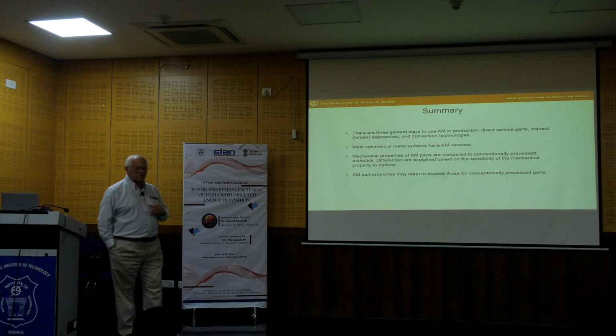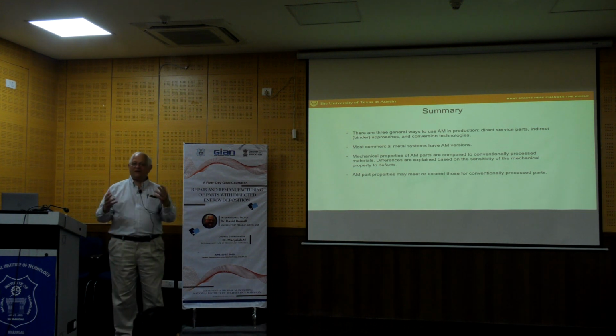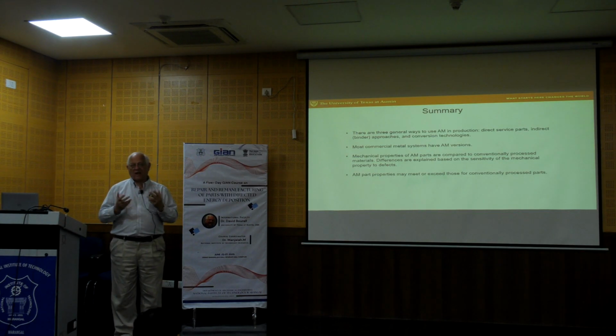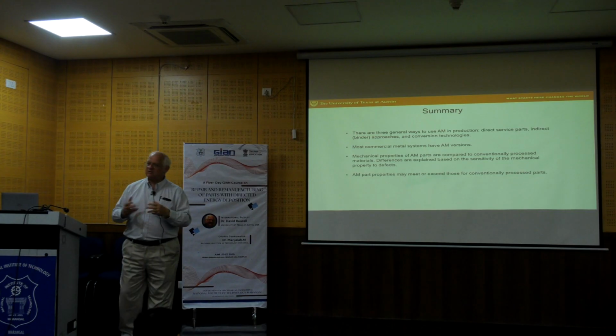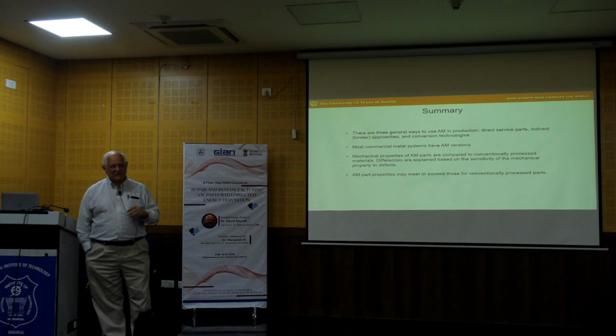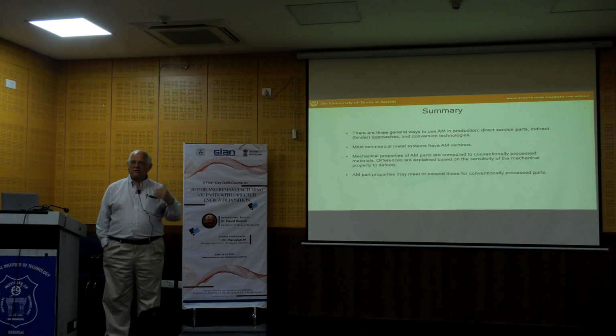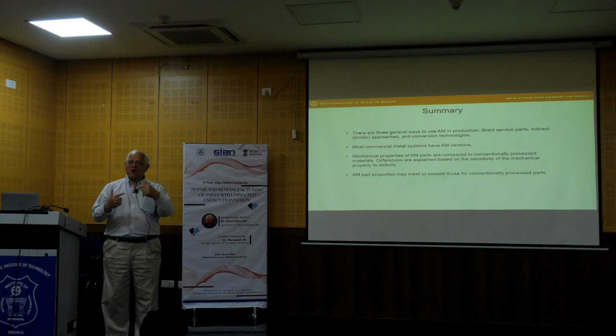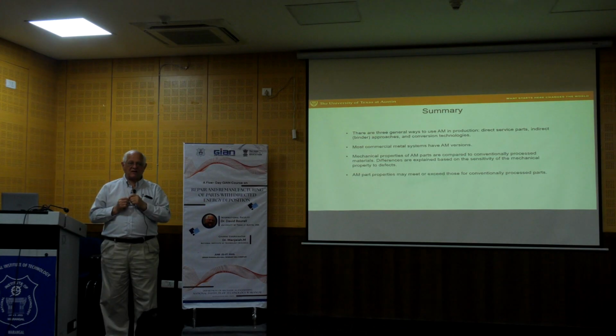The differences really are explained, I think, largely by the effect of defects on the mechanical properties. I think it's very predictable what we would see. So, for example, I've read a number of papers over the years where they do additive processing, and they're typically the papers that deal with anisotropy, which is a difference in mechanical property for a given material based on the direction in which I assess that property.